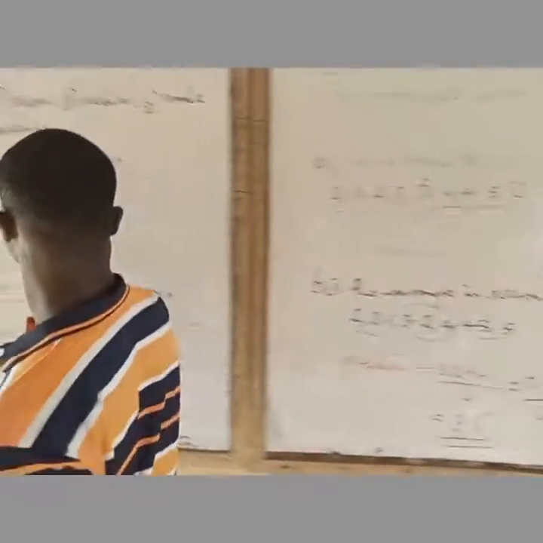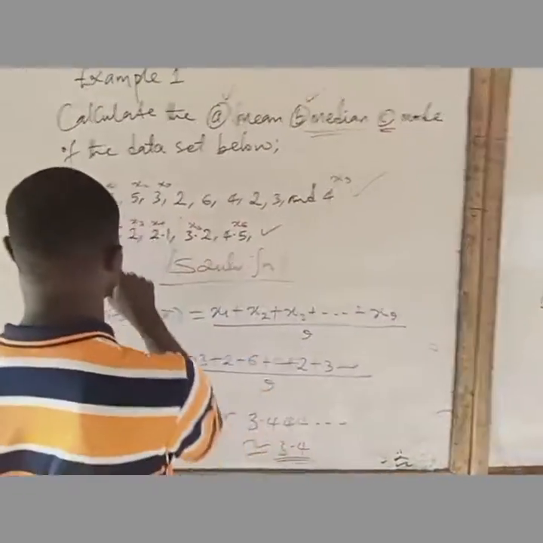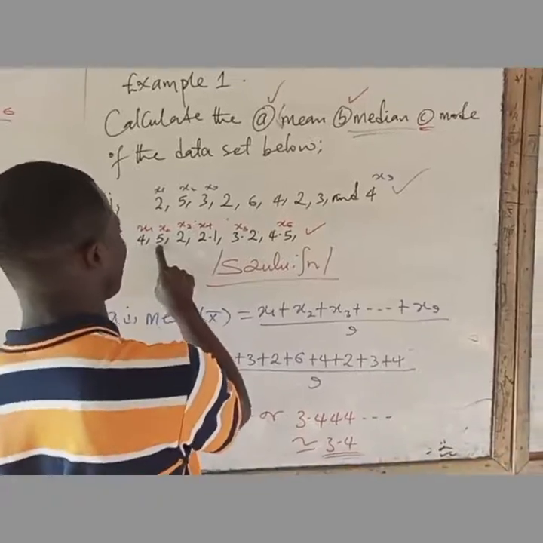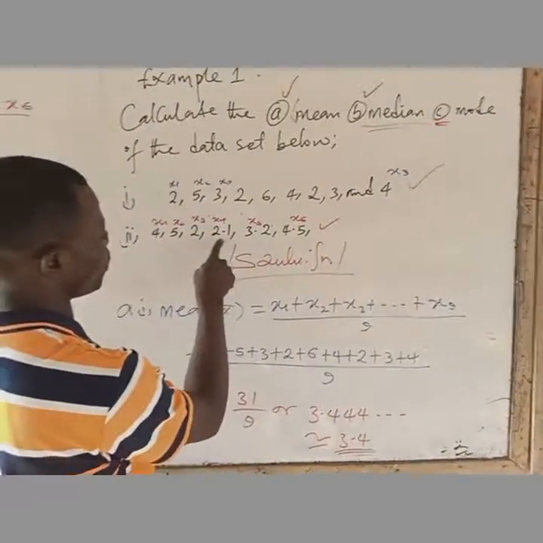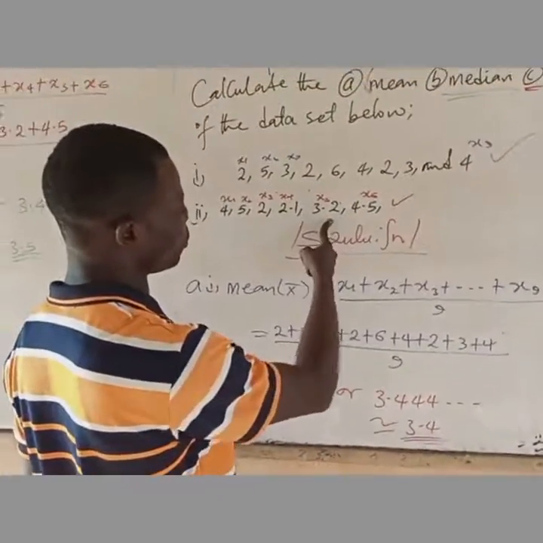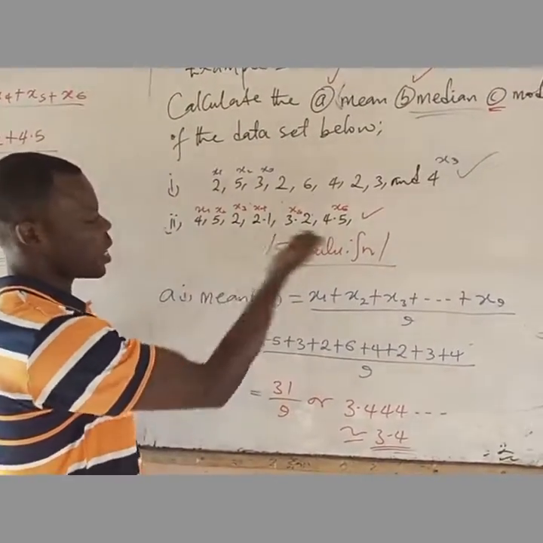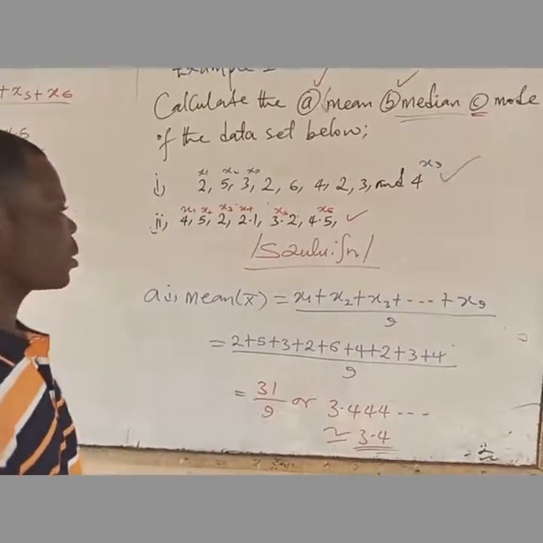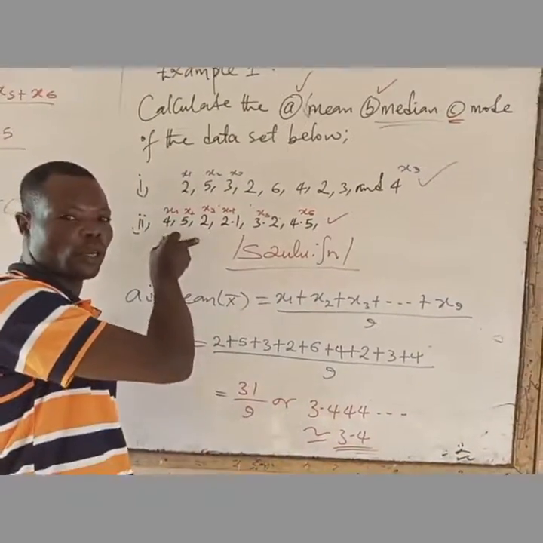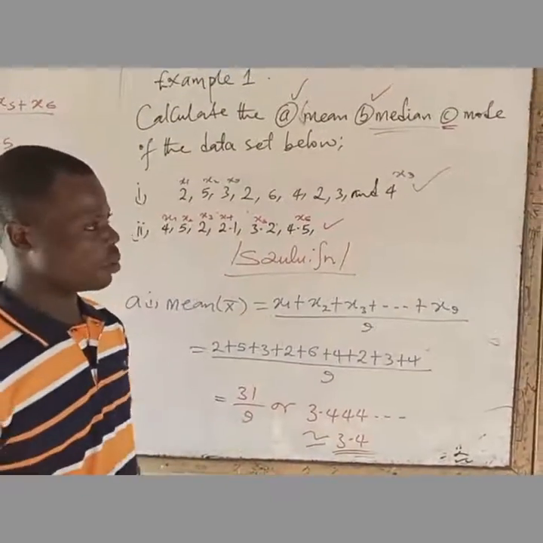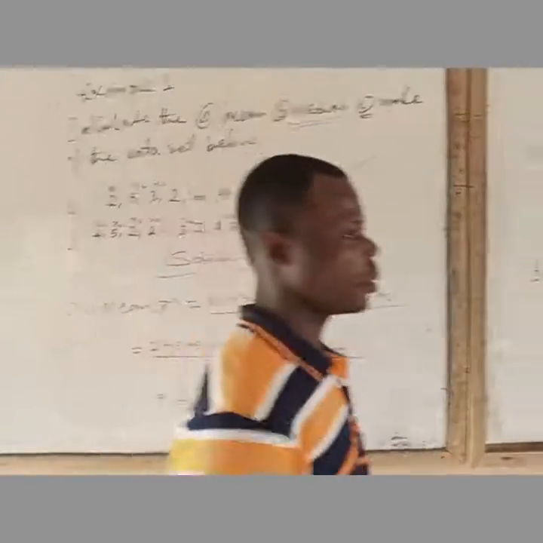So what about this one? We have 4, 5, 2, 2.1, 3.2, 4.5. There is no number that appears most here. In this situation, we don't have a mode. We write no mode.